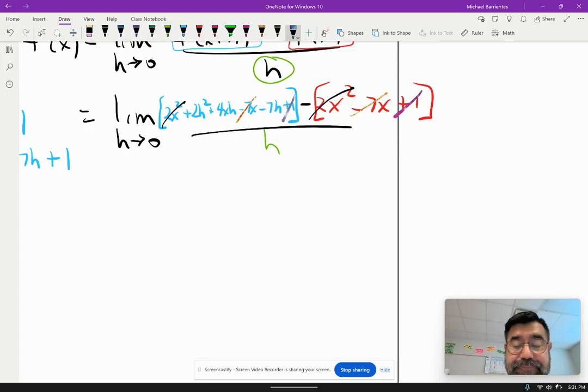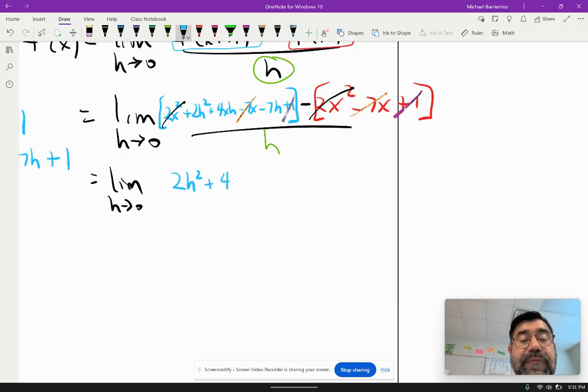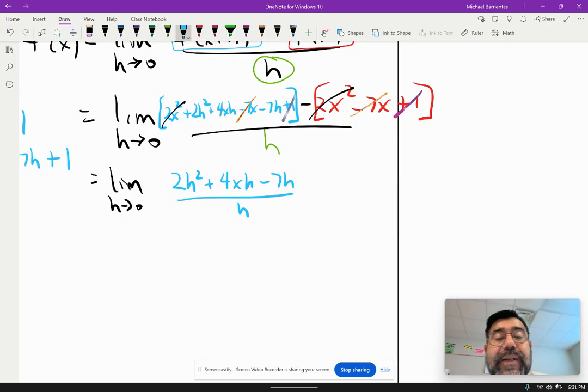So therefore, we're going to go ahead and continue. And let's see how far we can get. So I have 2h squared plus 4xh minus 7h all over that h on the bottom. That looks a little bit better. I also notice that I can factor out an h from all of these guys. So that's what we're going to do.